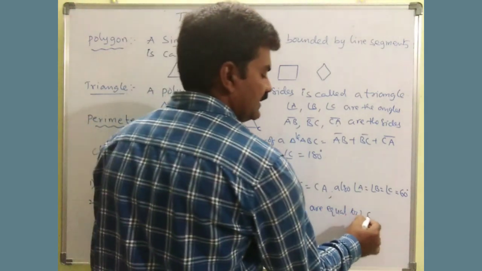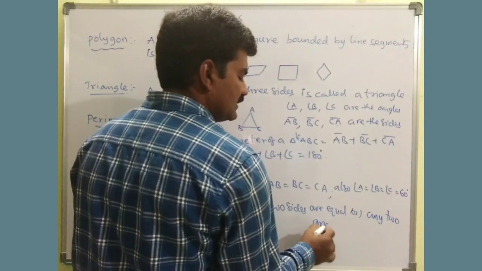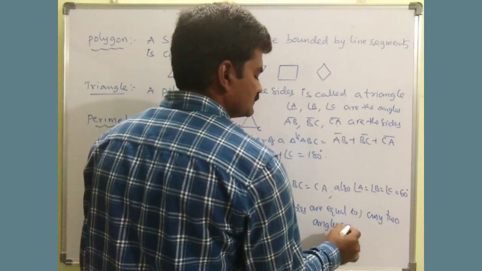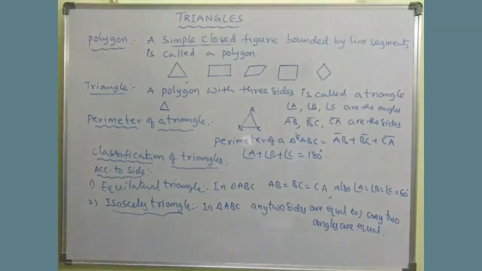Otherwise, any 2 angles are equal. Then the triangle is said to be an isosceles triangle.